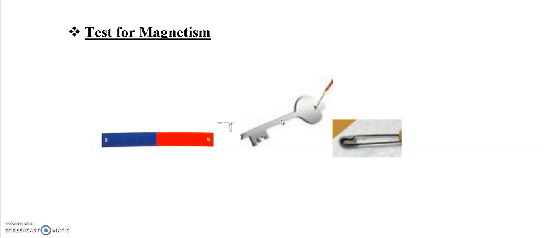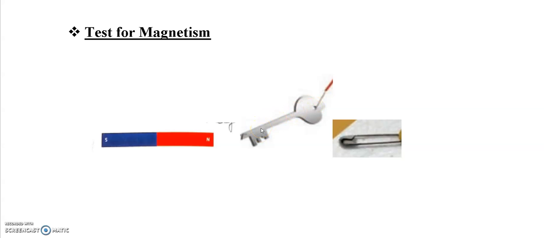Well, if attraction is not the sure test of magnetism, then what can be done? Because if we remove this key from the magnet, this safety pin also would get detached from this key because it will lose its magnetism.